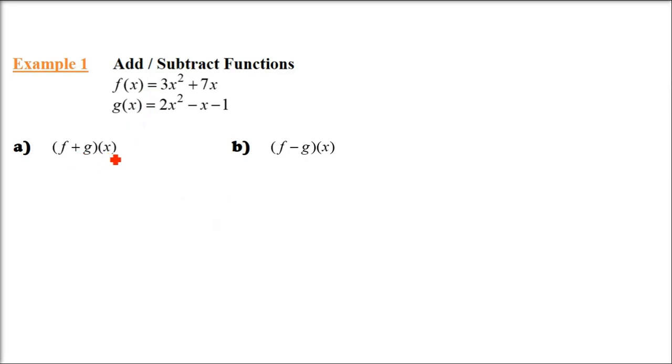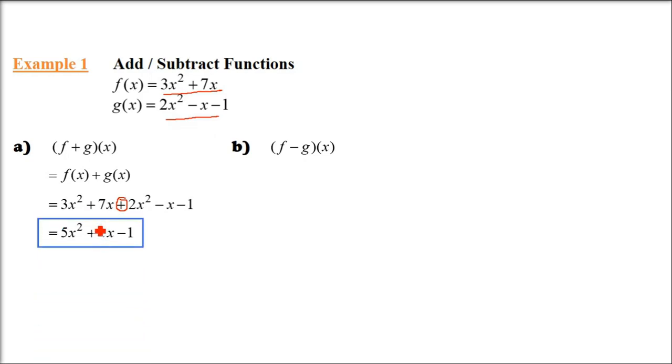Let us start with add and subtract functions. We have f(x) and g(x), for example, here. So we have f(x) plus g(x). Take the first one, take the second one, just add them. And this is a simple polynomial addition. So 3x² and 2x² will form 5x². 7x minus x is 6x, and negative of 1.